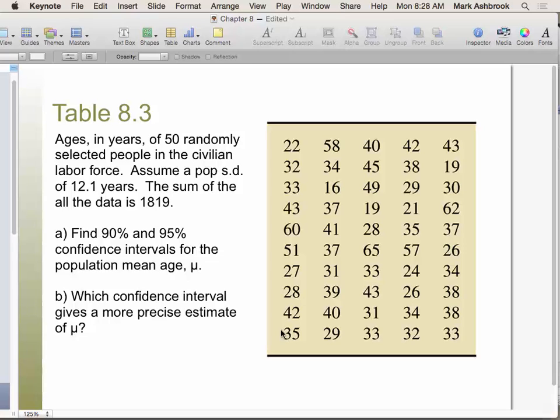You're going to have the mean age, that'll be your point estimate, and then a range of ages around that point estimate where we think the population mean lies to that percent confidence. Think about how you're going to do that, but use what you just did.